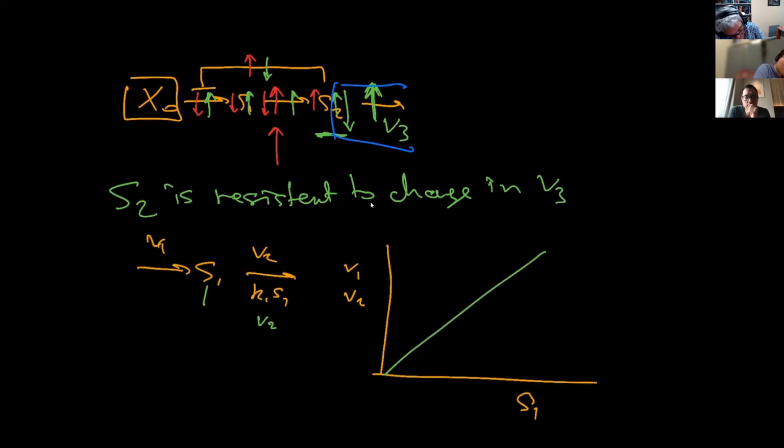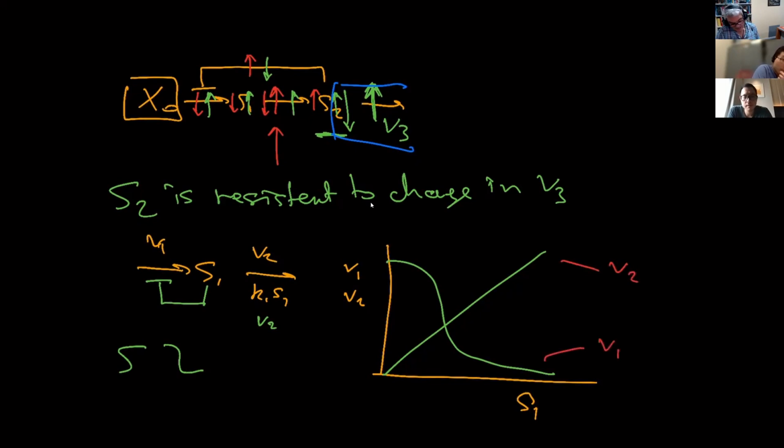Why don't I give V1 a negative feedback? Negative feedback is actually an inverted S. So an S looks like that, so an inverted S is like that. So I'll draw that. So this is V2, this is V1. And you'll notice that this point here is the steady state point. That's where V1 equals V2, so that's the steady state level of S1.